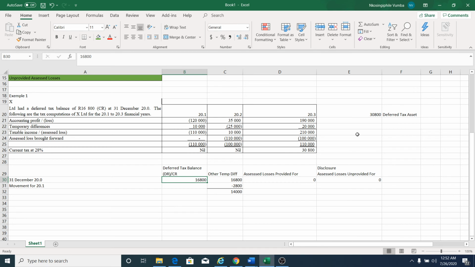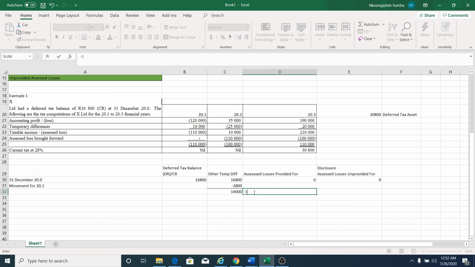So now we need to limit this 30,800 deferred tax asset. We have taxable temporary differences of 14,000, so we need to provide for this deductible temporary difference to the extent of 14,000. It means we need to have 14,000 in here.